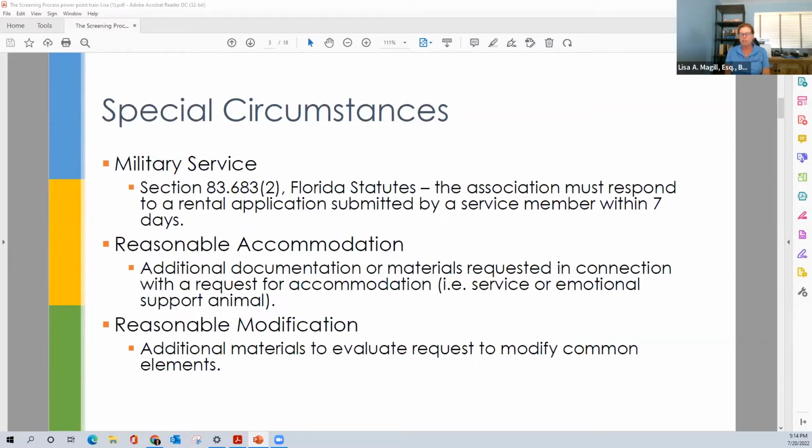When you're dealing with accommodations and modifications, of course, you have to be diligent in the investigation, the meaningful review of the requested accommodation or modification, but more likely than not, you will request additional documentation or additional information, or may need to speak to someone.